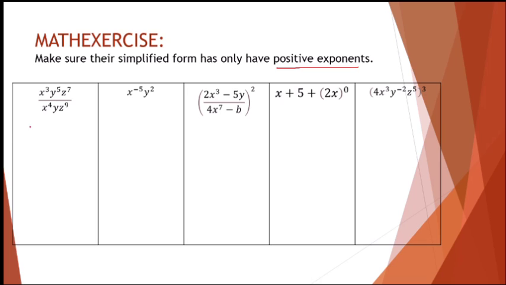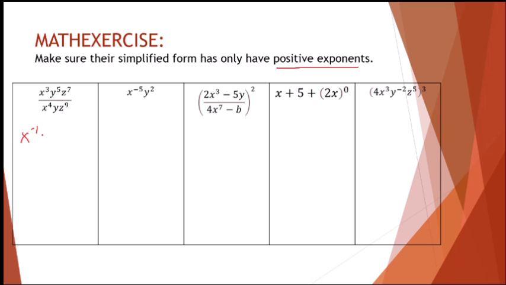Here, we use the most basic solution for beginners. The given is in fraction form, so obviously it's division. In the laws of exponents, when we divide, we just subtract their powers, or the exponents. First, for x, we have 3 minus 4 is equal to negative 1. So x is raised to negative 1 power.